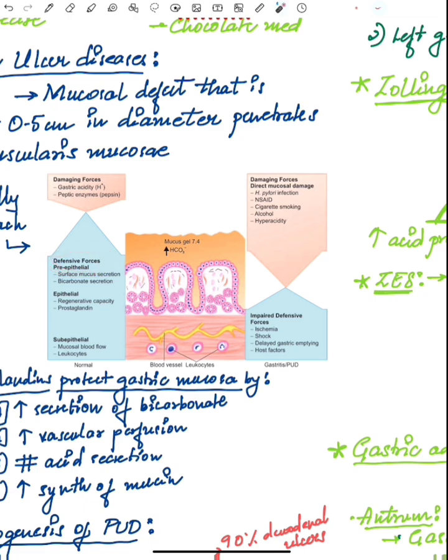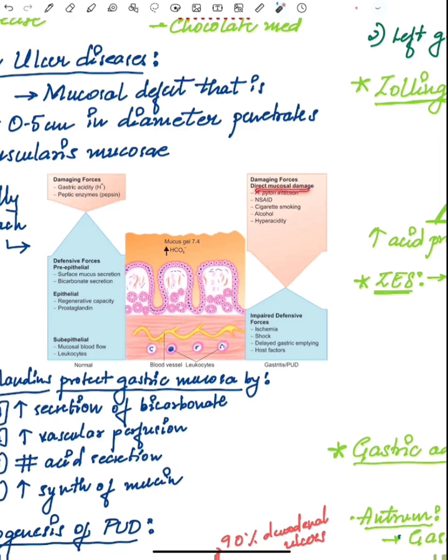The defensive forces are preepithelial, epithelial, and subepithelial. In preepithelial, we see surface mucus secretion and bicarbonate secretion. In epithelial, there is regenerative capacity and prostaglandin. In subepithelial, we see submucosal blood flow and leukocytes.